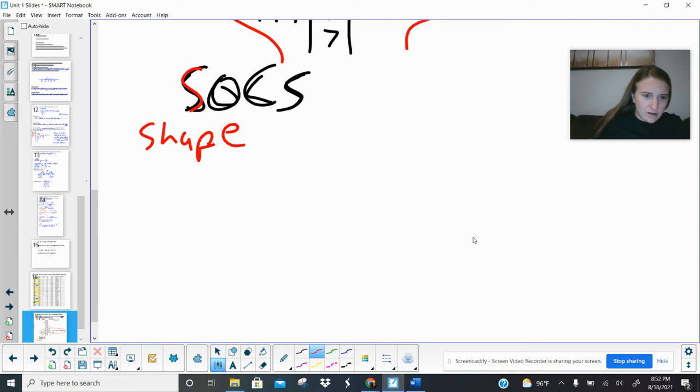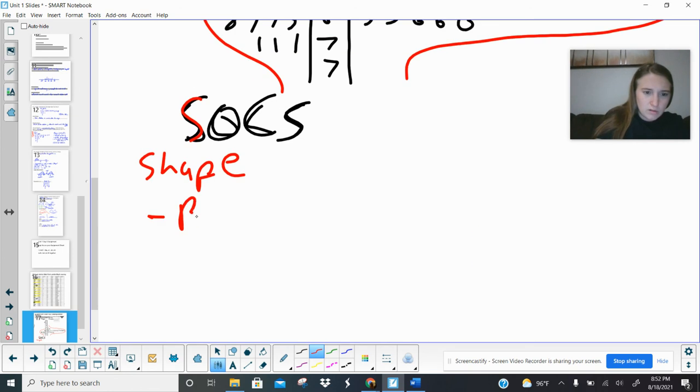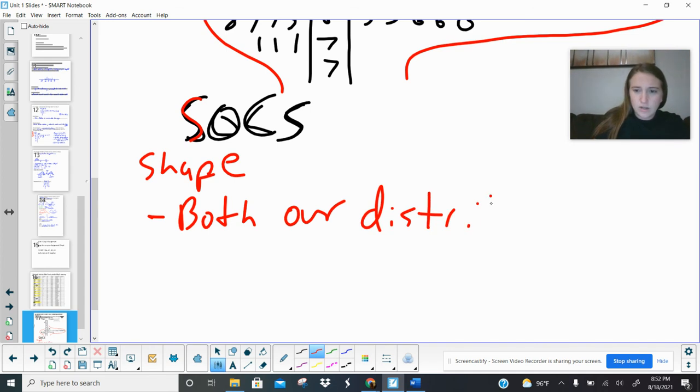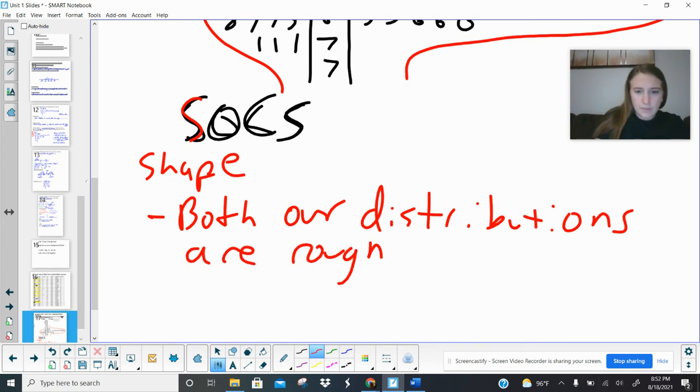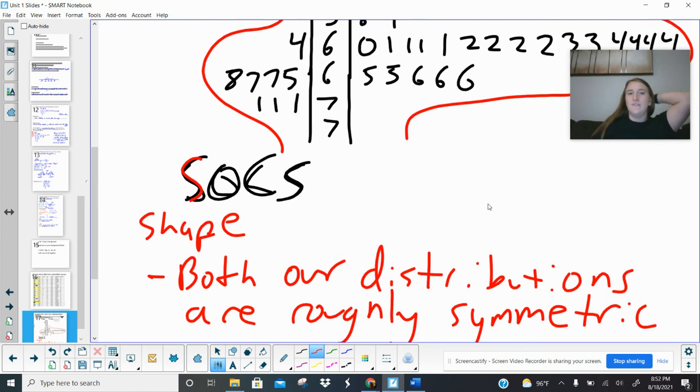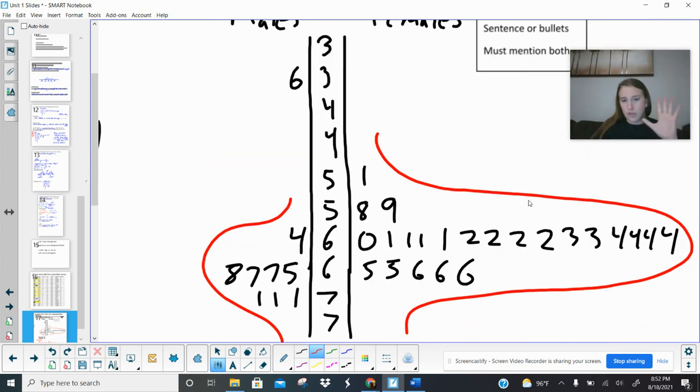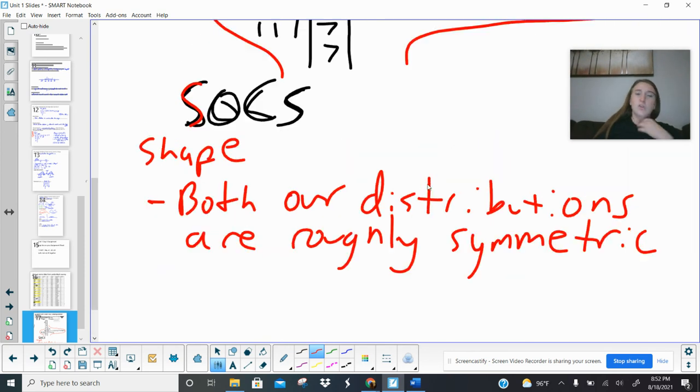We do have some outliers that kind of throw us off, but we can say both our distributions are roughly symmetric. Right now, again, we're just getting used to working with these terms. Mathematically, we'll be able to say later if it's symmetric or skewed right or skewed left. But for right now, we can say that, and that's okay. So there is our shape.